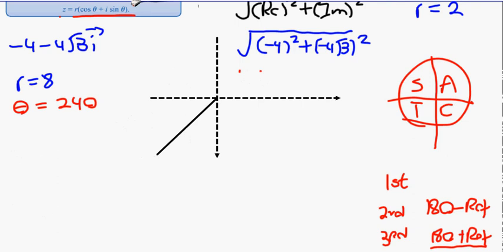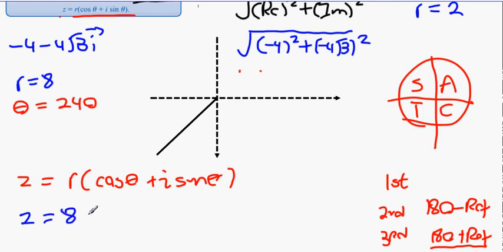Now what we've got to do next is z equals r cos theta plus i sin theta. It's the generic equation, so we're going to say z equals 8 into cos 240 plus i sin 240. Okay, so that's number 11.